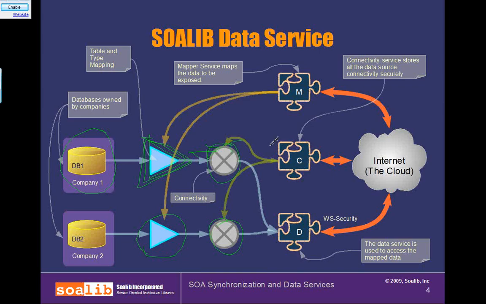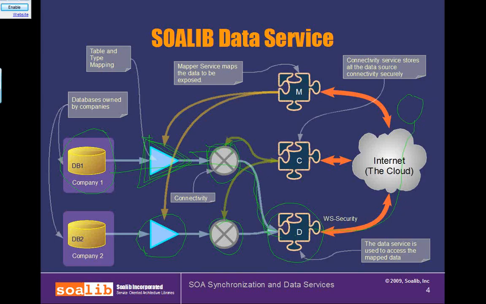This connectivity allows data to go into the data service. So when there is a connection and the mapper is mapped, then the path is created from the database to the data service, which a client here in the cloud can now access.